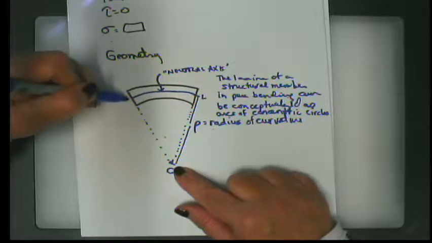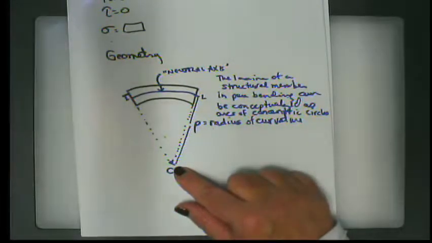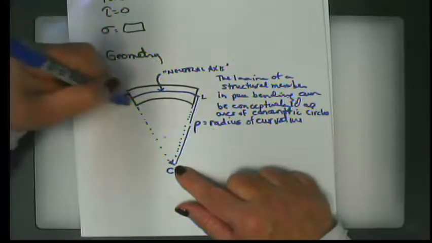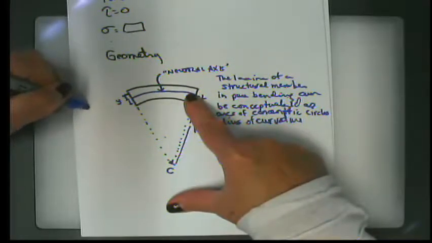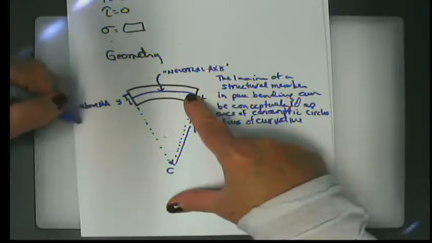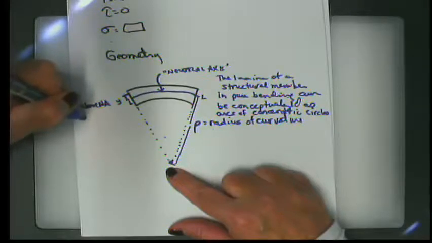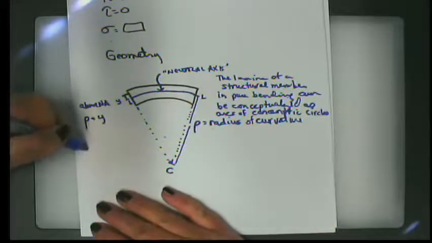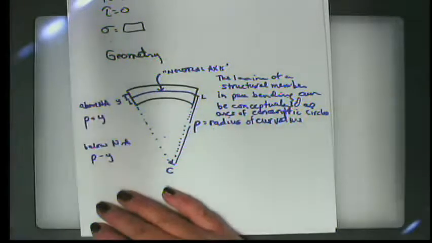Now, any distance from the neutral axis to a lamina in the same direction along rho is referred to as y. So above the neutral axis, the distance from C to any point above the neutral axis is rho plus y. And below the neutral axis, it is rho minus y.